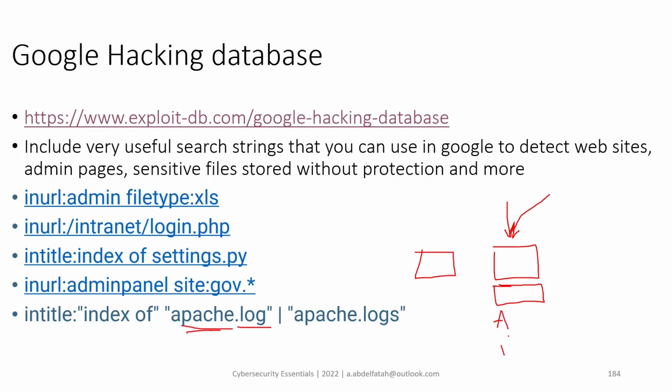Apache, IIS of Microsoft, Tomcat, all of these are platforms that we should install first, and then we bring our website and deploy it on top of this platform. So in case the website is working using the Apache platform, it records all logs related to this website activity in a file called apache.logs. Clear?